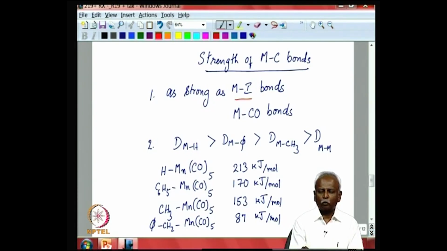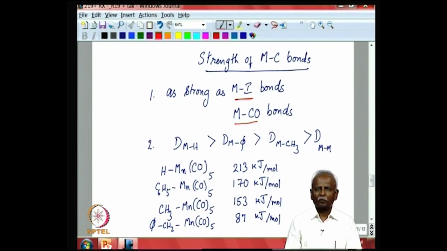The strength of the metal iodo bond is a good indicator of how strong a metal methyl bond would be. That is also similar to what one encounters for the average metal carbonyl bond strength.